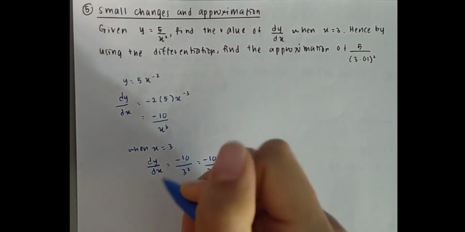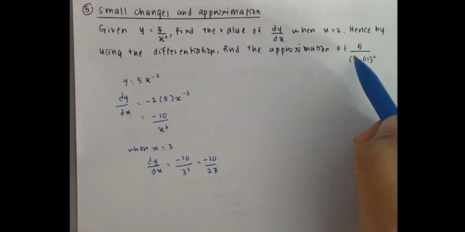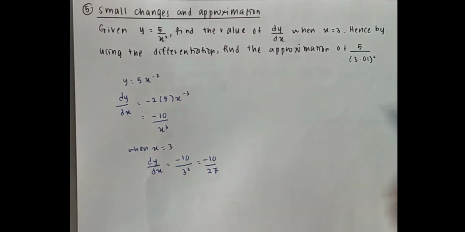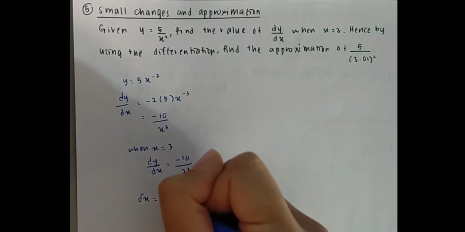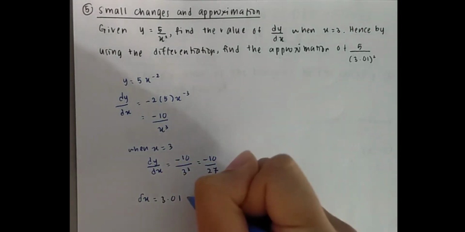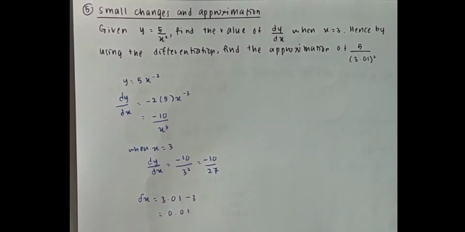Now we need to find delta x. So delta x is 3.01 minus 3, which is equal to 0.01.